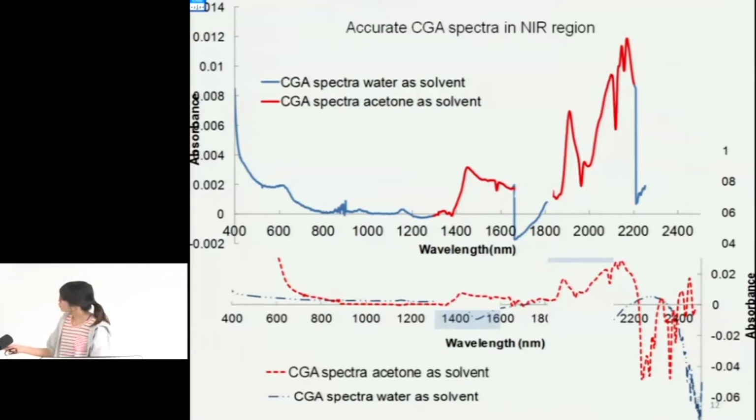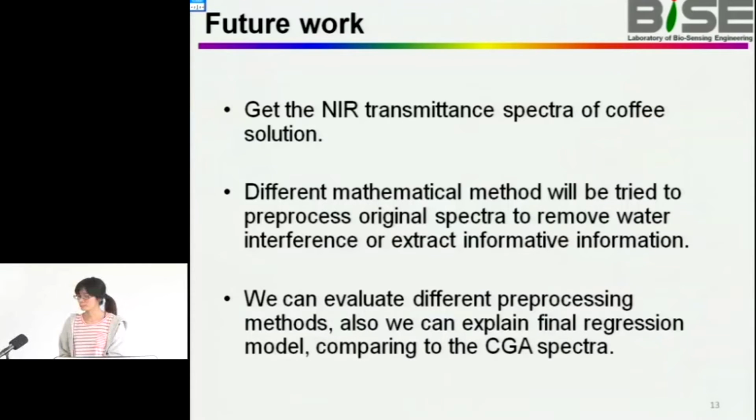And because after 2,100 nanometers both acetone and water have strong absorption, after this wavelength I removed the data. Then, future work: I will get the NIR transmittance spectrum of the coffee solution, and different mathematical methods will be tried to pre-process the original spectrum to remove water interference or extract the informative information.